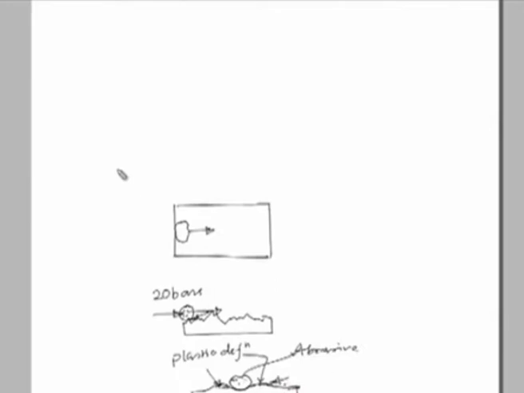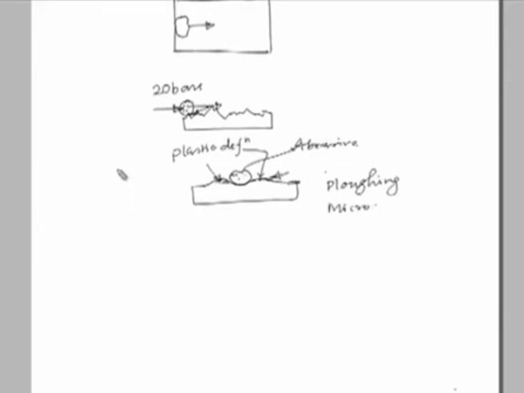This is one mechanism prevalent in this, and this is called ploughing action, and the other is micro cutting, which is also prevalent in the abrasive flow machining process.